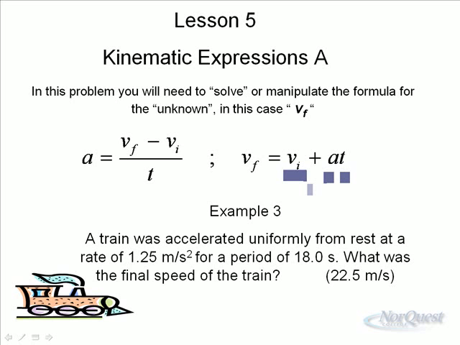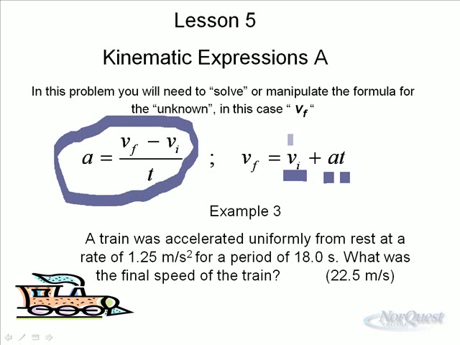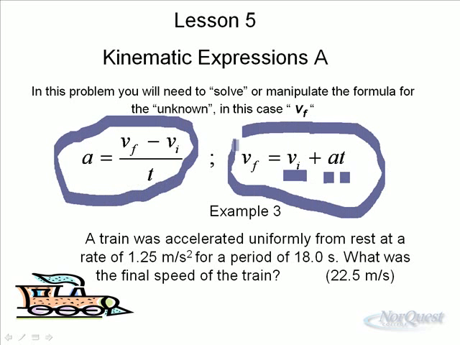This example, you should take a look at it, try it on your own, and also see if you can work out this substitution. Start with this formula and see if you can manipulate that in order to solve for VF. It involves a number of steps. The first step would be multiply both sides by T. That removes the T from the bottom of the right-hand side and moves it to the top of the left.